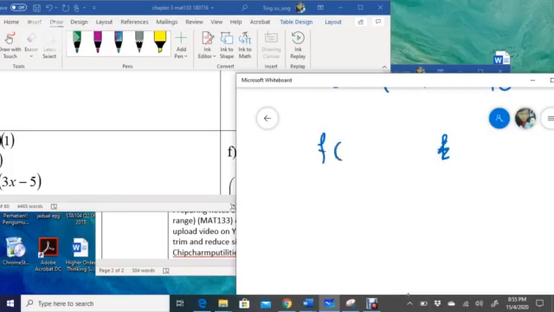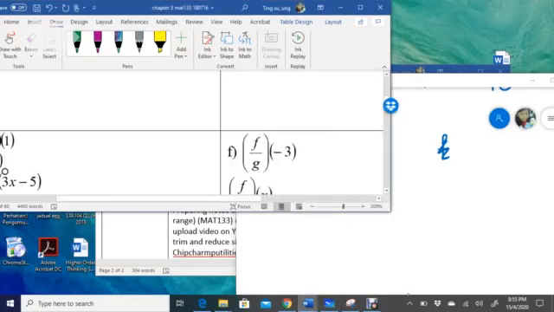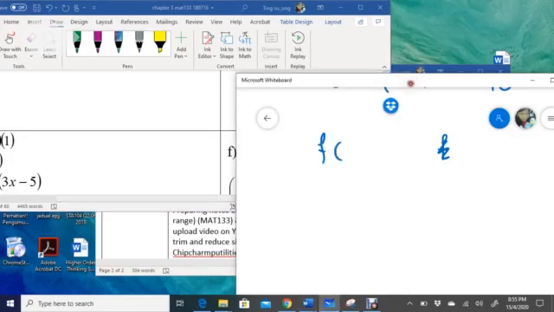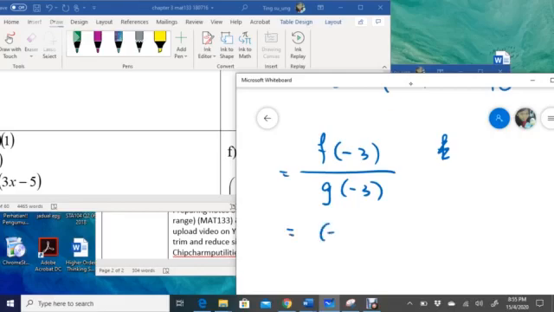So how? You have f of negative 3 divide by g of negative 3. So you have negative 3 squared plus 4 divide by 3 times negative 3 minus 5.